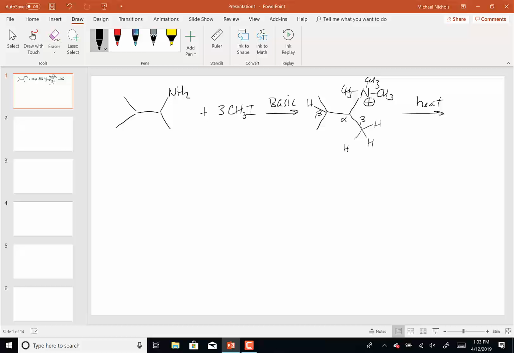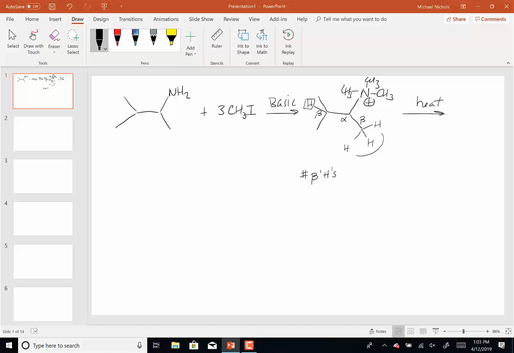So in other words, whichever beta carbon can put hydrogens in the most number of conformations is going to lead to the major product. And so all 3 of these can become anti-periplanar to the leaving group, whereas over here I only have 1 hydrogen.